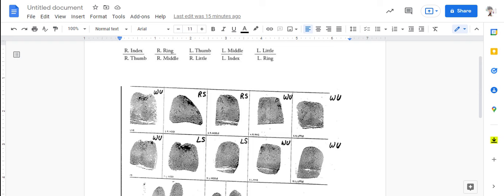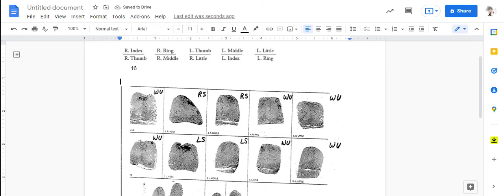So this first grouping, right index and right thumb, if either one of these has a whorl, it's going to be given a numerical value of 16.